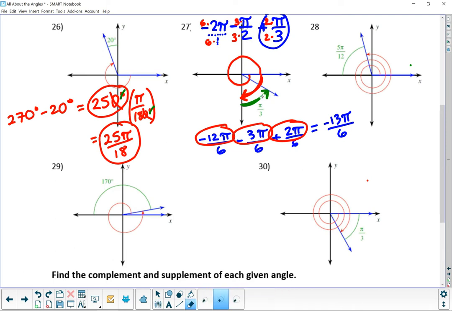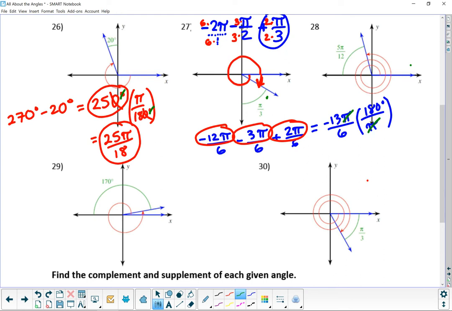Okay, and that's for this much, right? A full circle and then a little bit more. That's negative 13 pi over 6. Now I need to convert that to degrees, so I need to use my pi at the bottom and 180 degrees on top, which means that I'm going to have my pi's canceling.